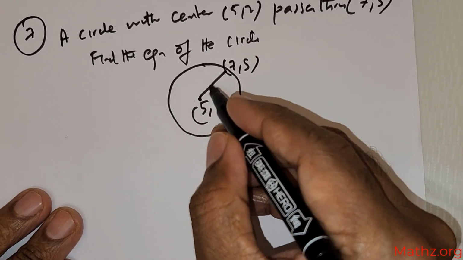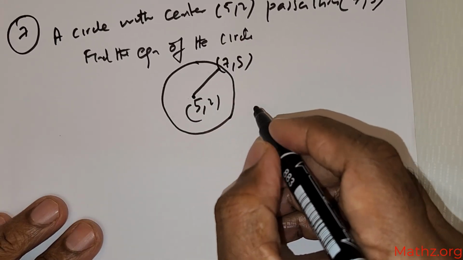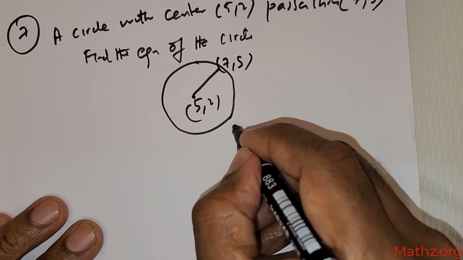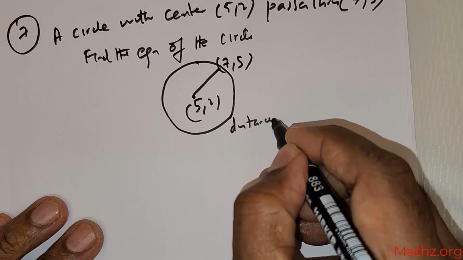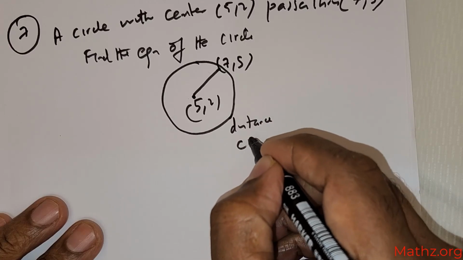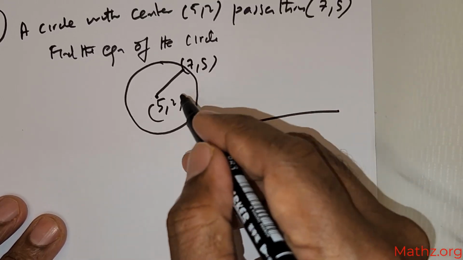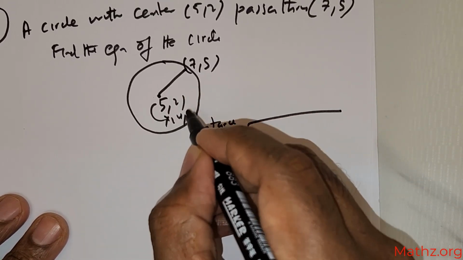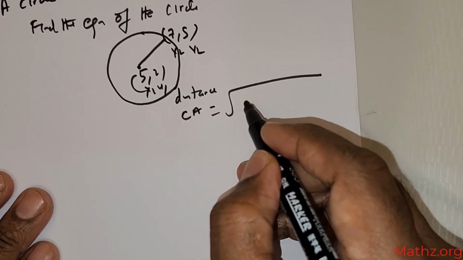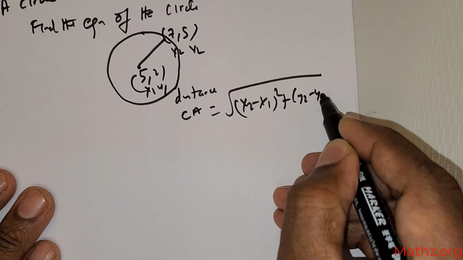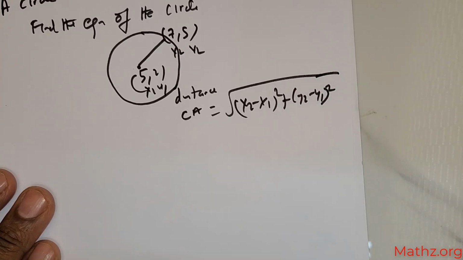So what we are going to do is find this distance, and that would give us the radius. So this distance between the center and the point, say let me just take the point as CA, is equal to root of (x2 minus x1) the whole squared plus (y2 minus y1) the whole squared.